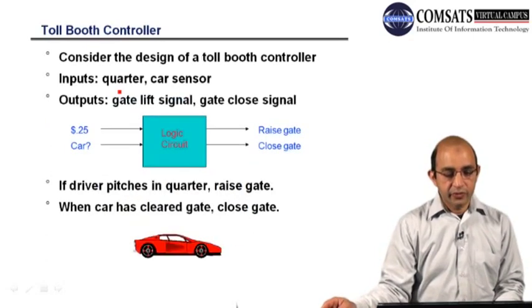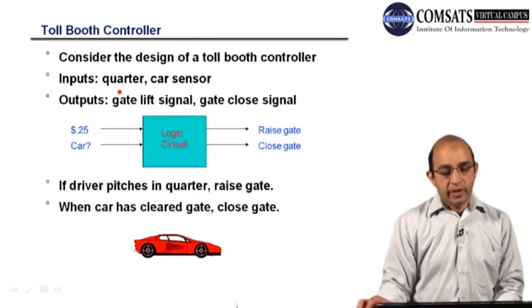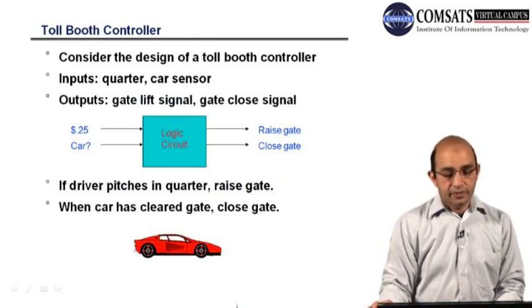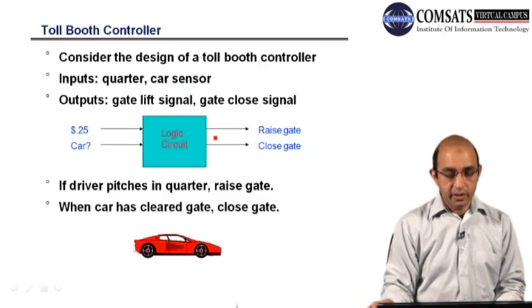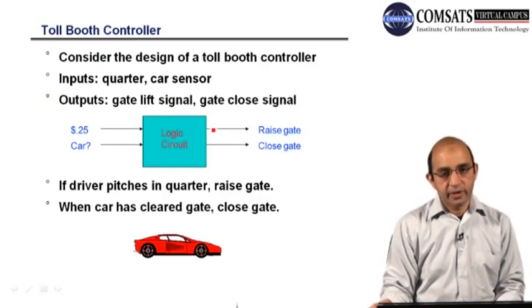So for example, if you want to design a circuit for a toll booth controller, here you can see that we have two inputs and we have two outputs. Like we have to open the gate, and then after the car or the vehicle has passed, we have to close the gate.